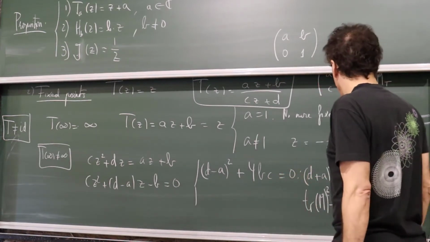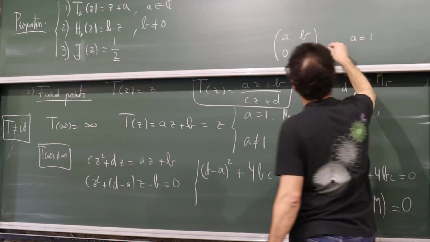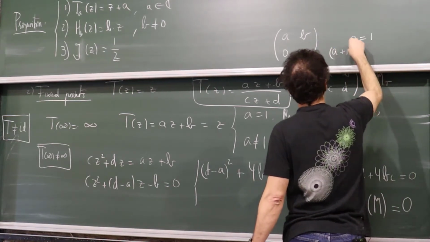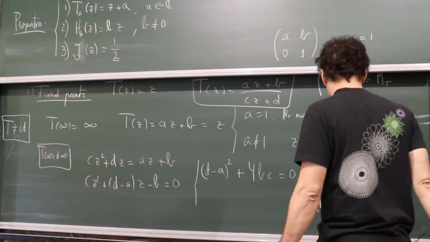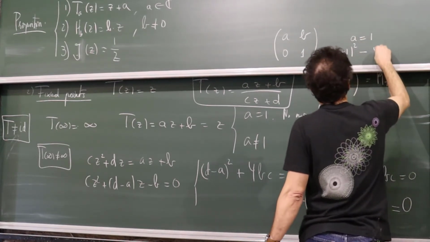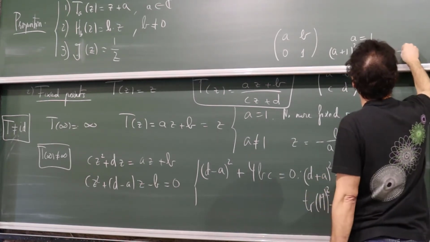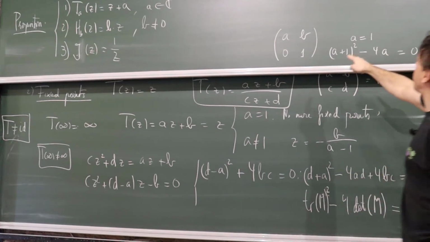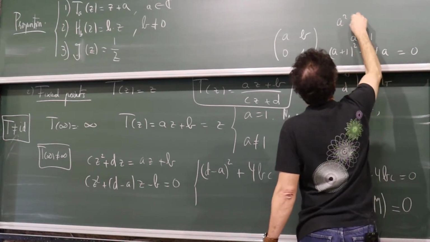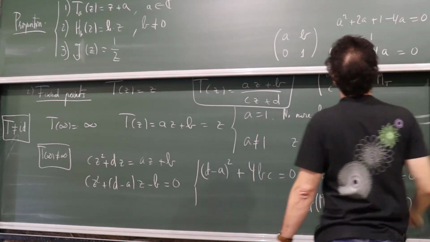If we look at this expression, the trace in this case is A plus 1, squared, minus 4 times the determinant, which is A. And I guess this is 0 if A is equal to 1. Because this is A square plus 2A plus 1 minus 4A.